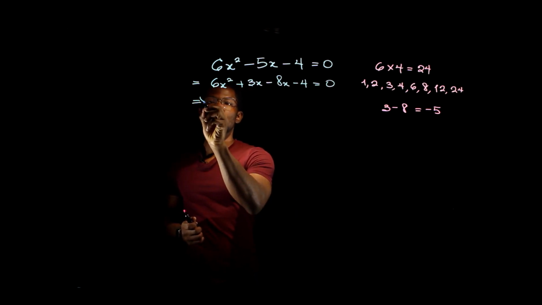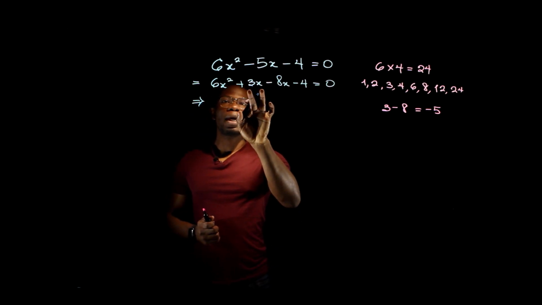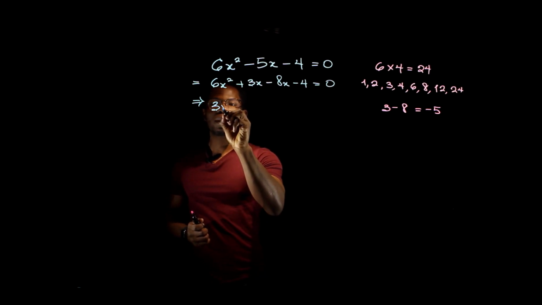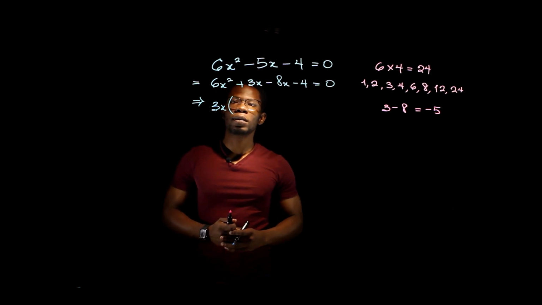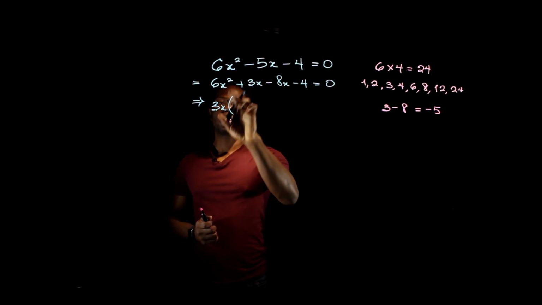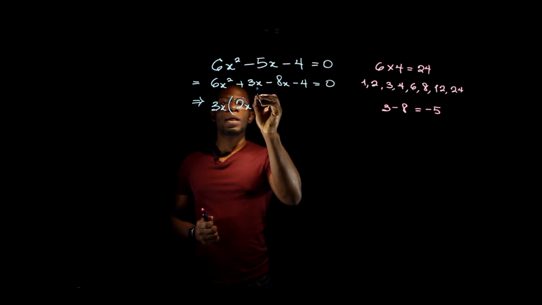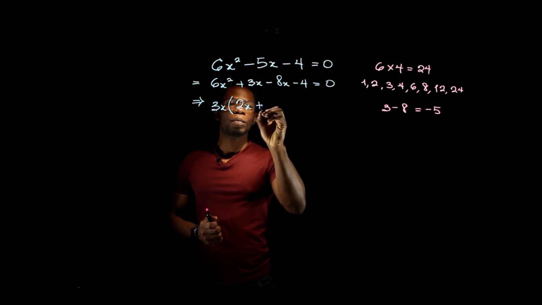Now let's take the first two here. We have 3x is common to both terms here. So if we have 3x outside the bracket, now 6x squared divided by 3x will result in 2x. And 3x divided by 3x here will be equal to plus 1.